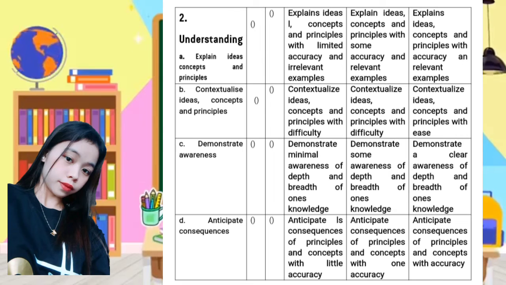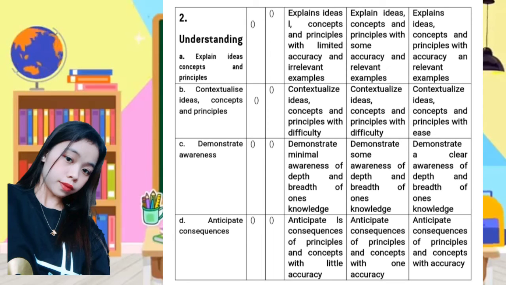Next is contextualizes ideas, concepts, and principles. So contextualizes ideas, concepts, and principles with difficulty. Same, with some difficulty. So contextualizes ideas, concepts, and principles with ease. Next is demonstrates awareness.